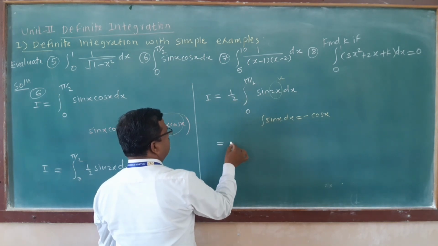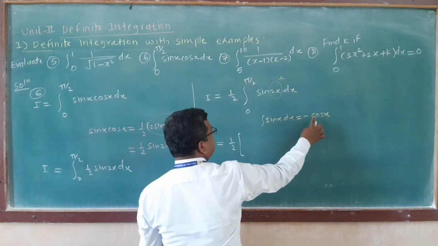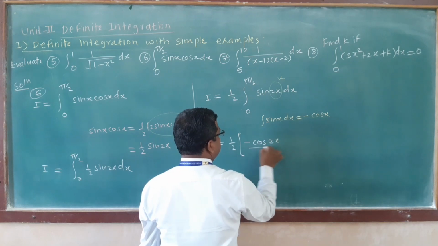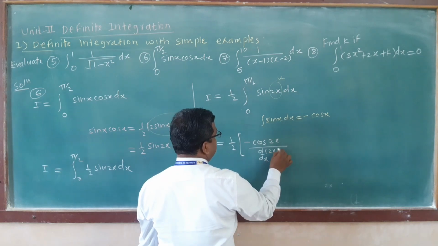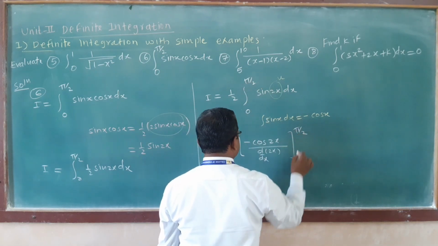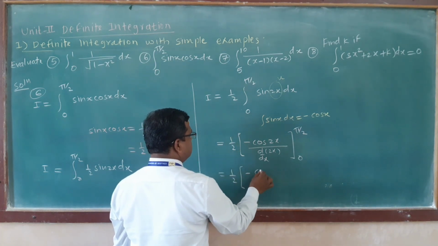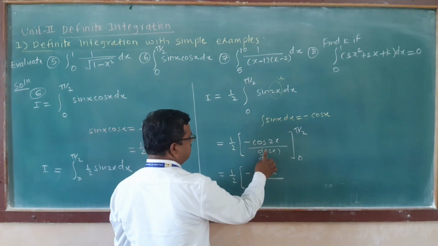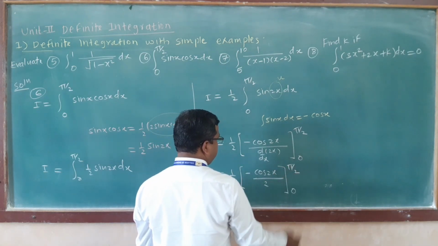See here, 1 upon 2 into bracket integration of sin u, which is minus cos of u, u means 2x, divided by the derivative of this u, means 2x, within the limits 0 to pi by 2, which is equal to 1 upon 2 minus cos of 2x upon, now d by dx of 2x, the derivative of 2x is 2, within the limit 0 to pi by 2.